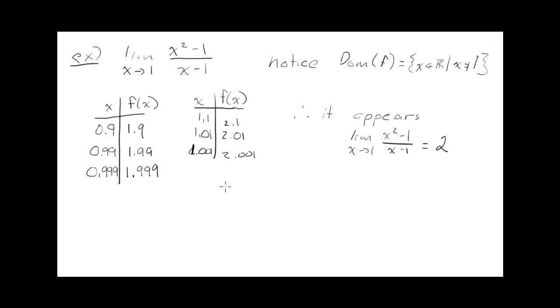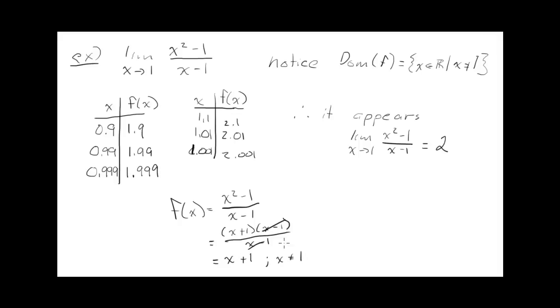Again, you could do this with a graph. If you did want to graph this function, you can simplify it by factoring the top. Then notice there's a common factor on the top and the bottom. So f of x is actually equal to x plus 1 as long as x does not equal 1.